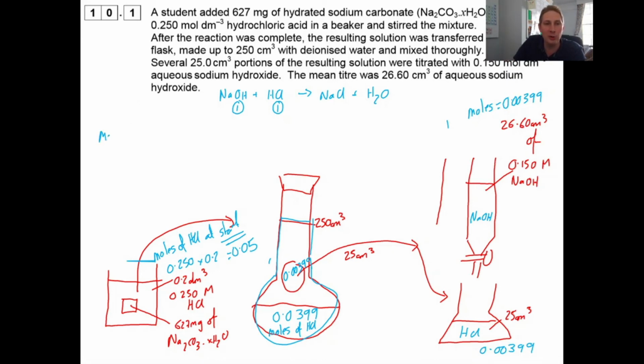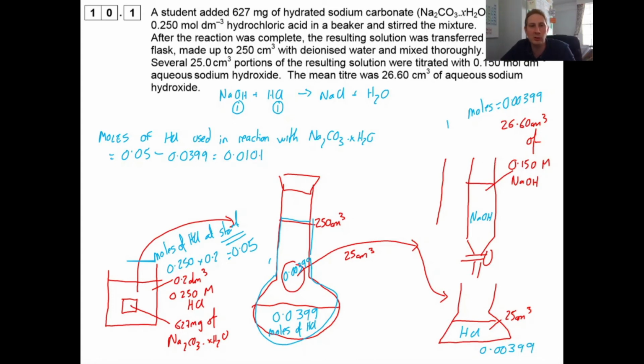So moles of HCl used in reaction with the carbonate Na2CO3.XH2O, this first reaction that went on in the beaker, is the amount we've got at the start, 0.05, that's what we put into the beaker, minus the amount that was left over by the time we got to the volumetric flask, 0.0399, which equals 0.0101. So that's the number of moles of hydrochloric acid used in that reaction.